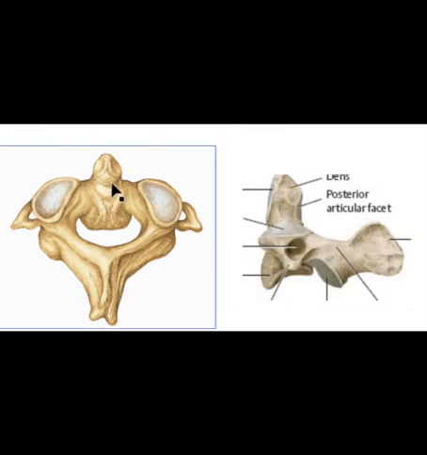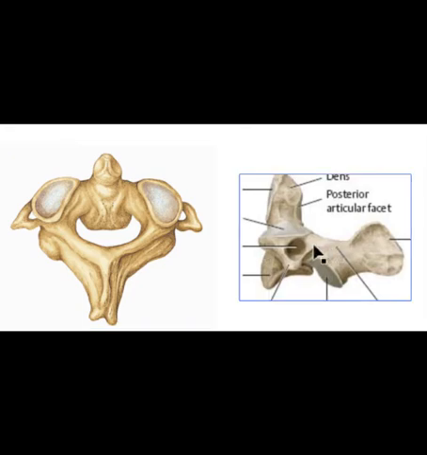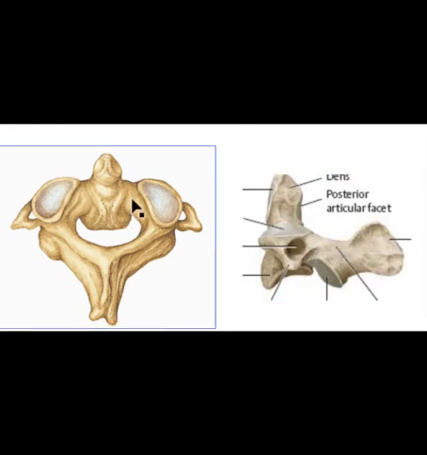Pedicle, by definition, joins the body of the vertebra to the posterior neural arch. In this case, the pedicle will be somewhere here. So the pars interarticularis is here, as the pedicle is there, more medial. This difference between pars interarticularis and pedicle in C2 is important to understand when you come to look at fixations involving C2.